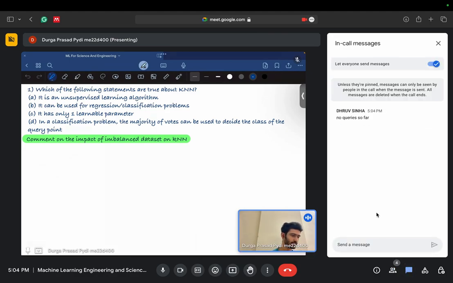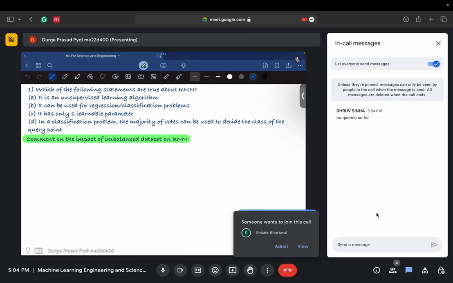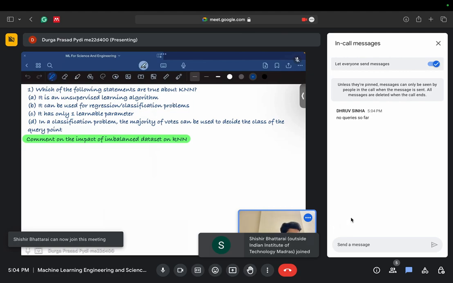So the first one is asking about KNN, k nearest neighbors. These are very straightforward questions, so you can just message in the chat box. Which of the following options are true? In a KNN, is it a supervised or unsupervised learning algorithm?